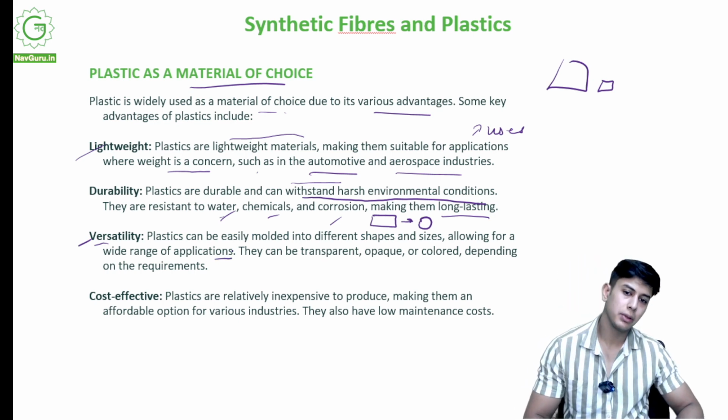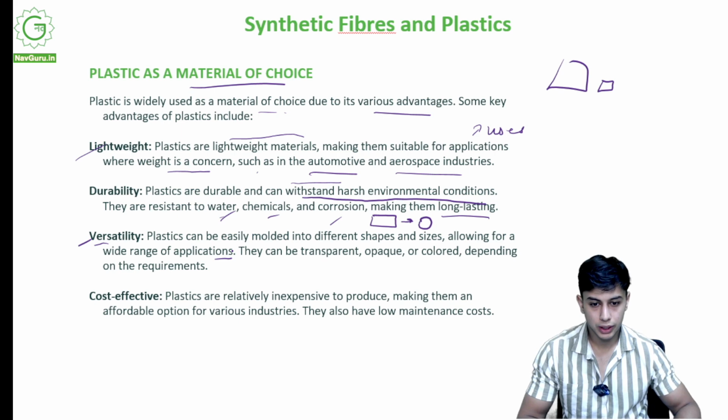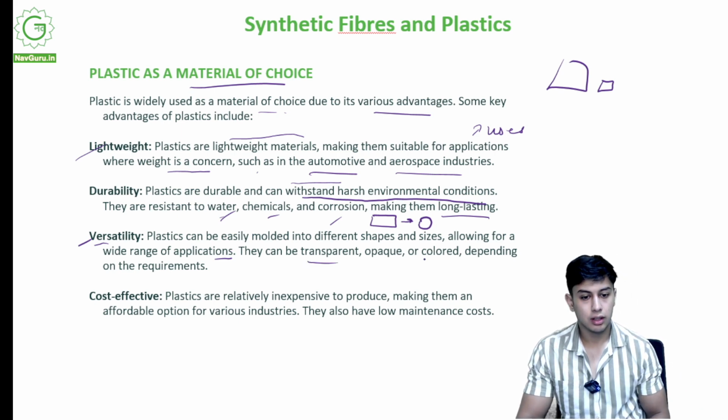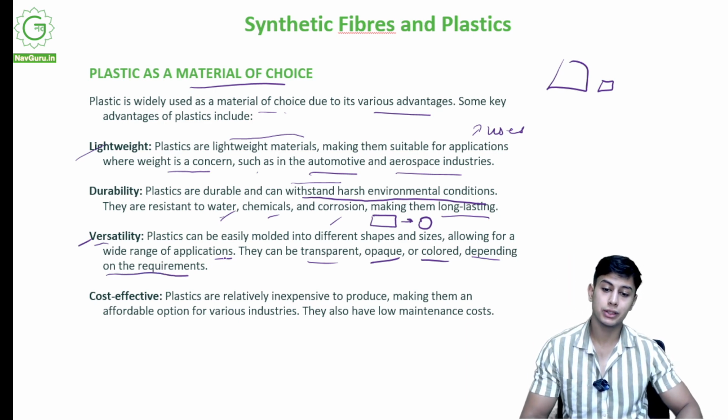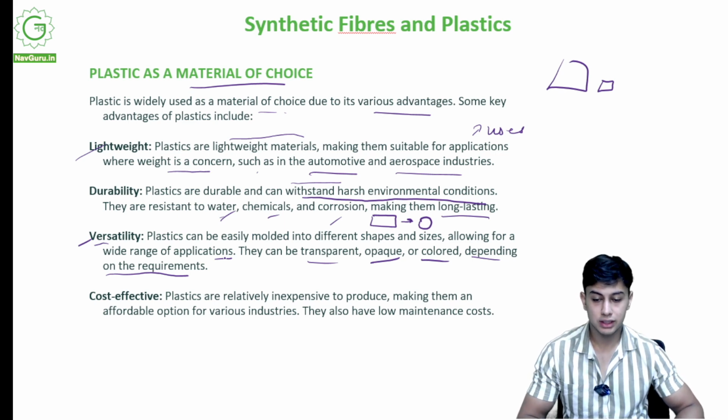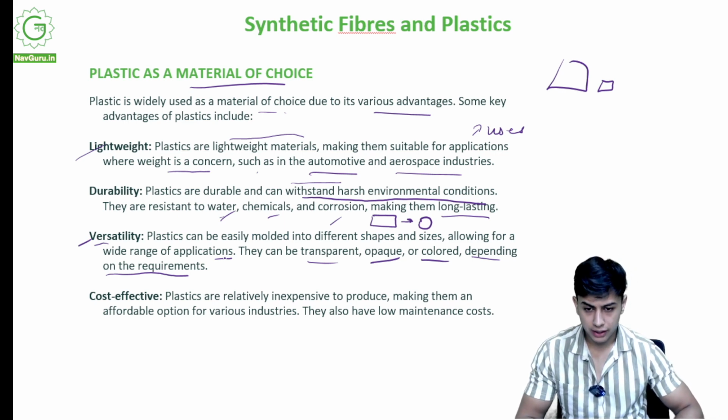That means I can make a lot of things out of plastic. They can be transparent, they can be opaque, meaning you cannot see through it, and they can be colored depending on the requirement. Something which can be so much customized, made according to my own desire. That is versatility.